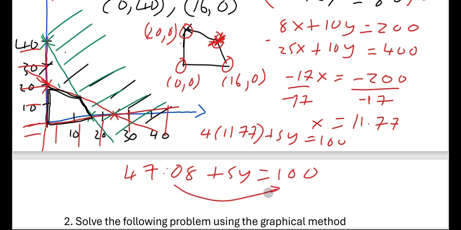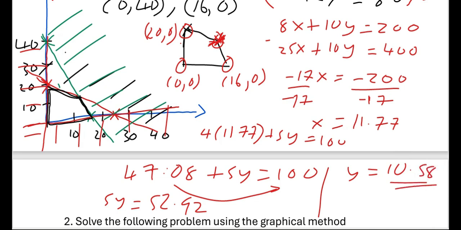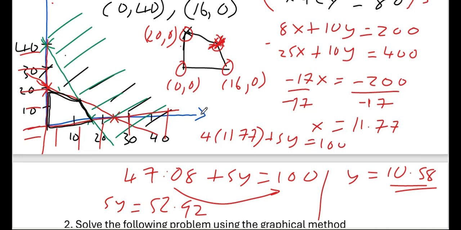Take this to the other side, so that you have 5y is equal to 100 minus 47.08. You're going to get 52.92. So ideally, y is equal to 52.92 divided by 5, which is 10.58. So y is 10.58.